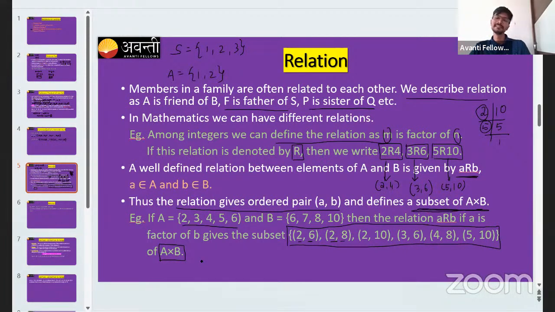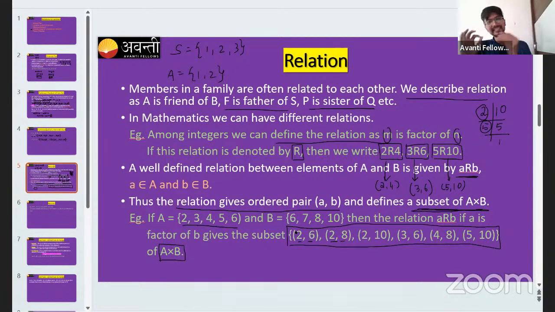So a relation is basically a subset of the Cartesian product, but the Cartesian product does not have a specific relation between the numbers. Here we have a relation between 2 and 6: 2 is a factor of 6, meaning 6 comes in the table of 2. But in the Cartesian product, there is no relation between those two numbers.